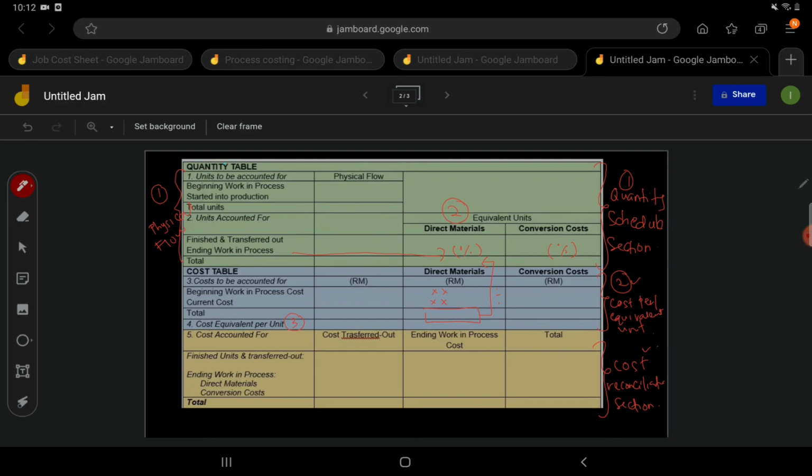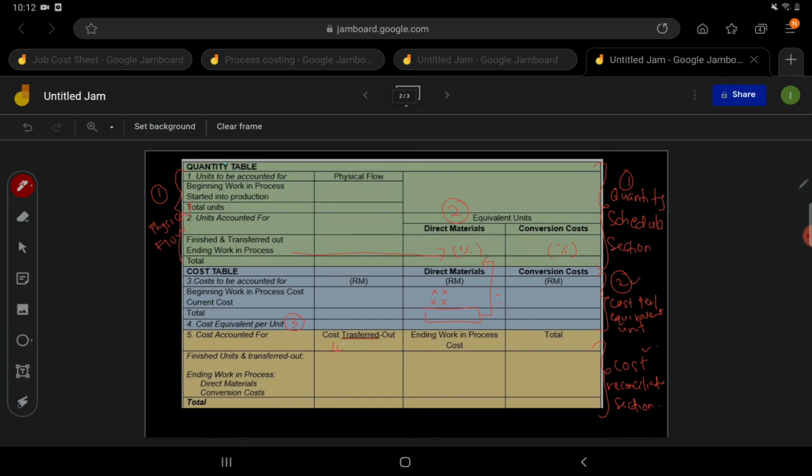Right? And the last section is cost reconciliation. In this section we will compute finished units and transferred out cost.